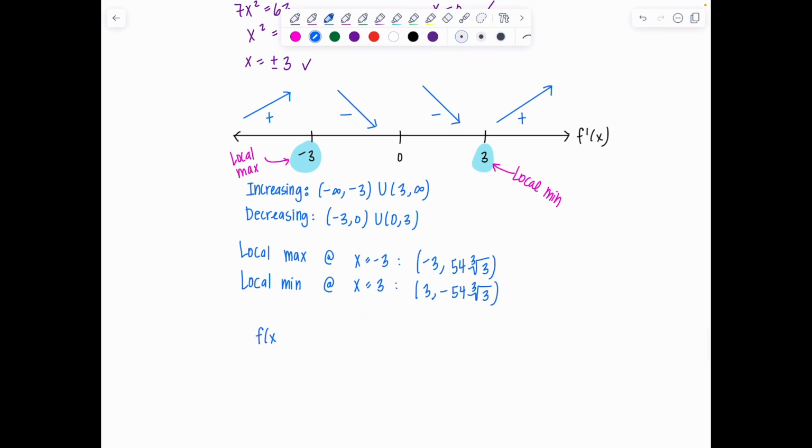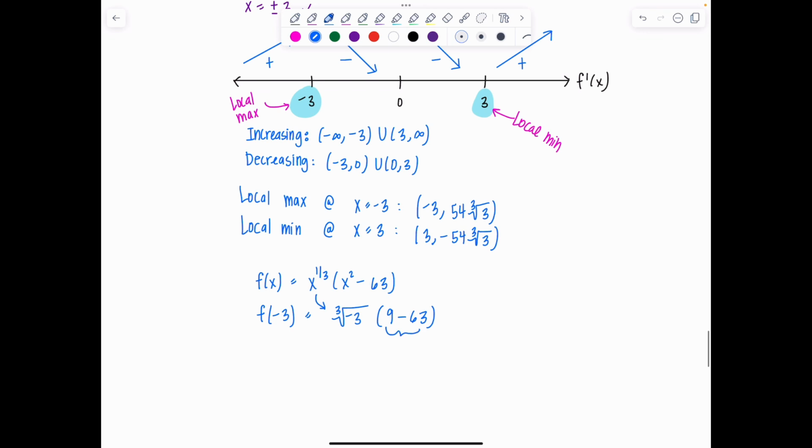Remember, f of x was x to the 1/3 times x squared minus 63. If we do f of -3, this is x to the 1/3. Think of it like cube root of -3 times -3 squared. That's 9 minus 63, that's going to be your -54.